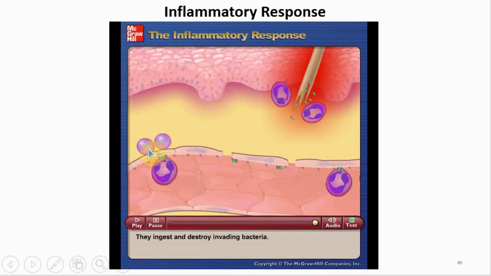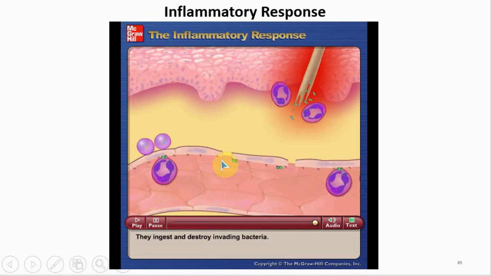Now, histamine creates an increase in the permeability of the blood vessel, of the capillary. So in other words, it loosens up the connections between the epithelial cells. So there's an epithelial cell, there's one, there's one. And so it creates these gaps.